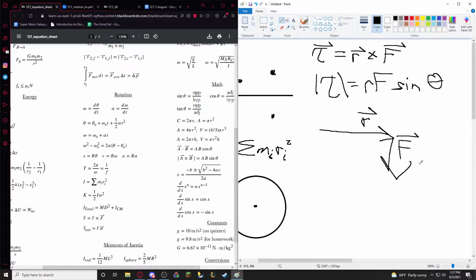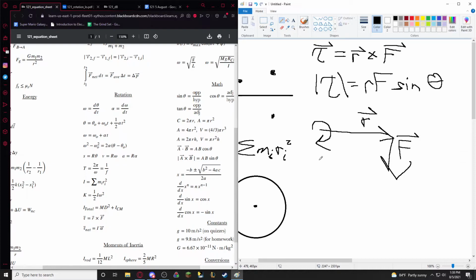Yeah, exactly. If we pull down on the rod, it's going to want to rotate clockwise. So what direction would our torque be in? It would be inwards. Exactly, into the page. We rotate our fingers around in the direction of the rotation, and so our torque points into the page.